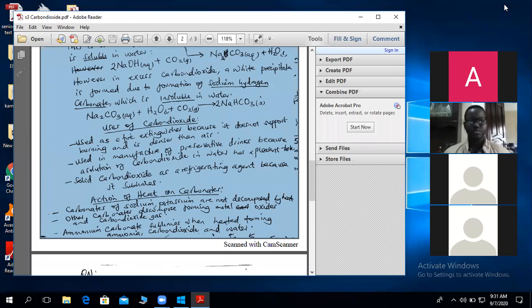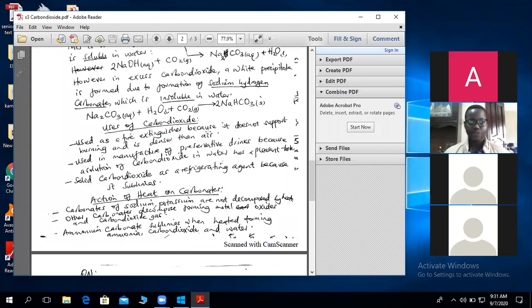For example, you will say it is used as a fire extinguisher. Can you tell us why it is used to extinguish fire?